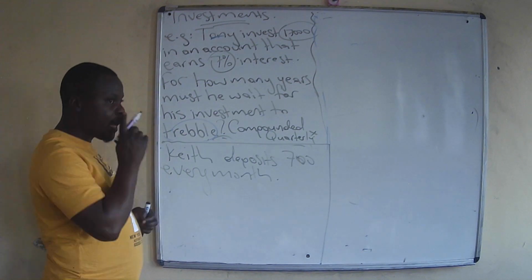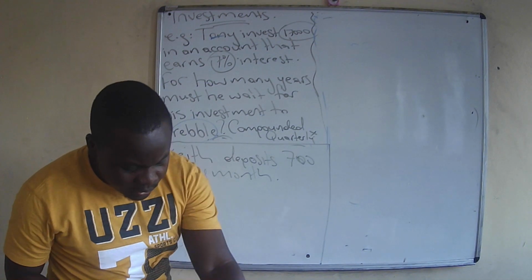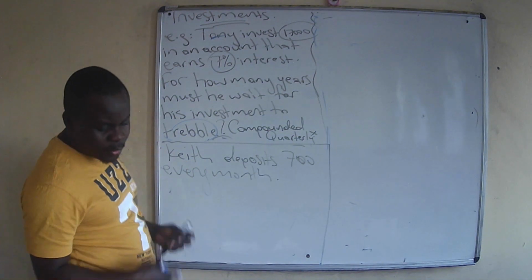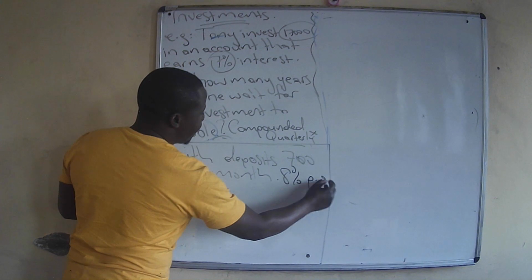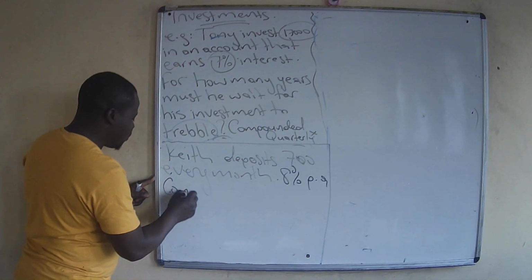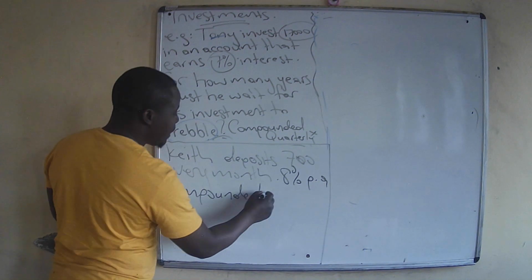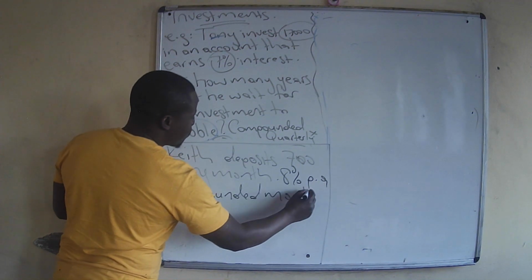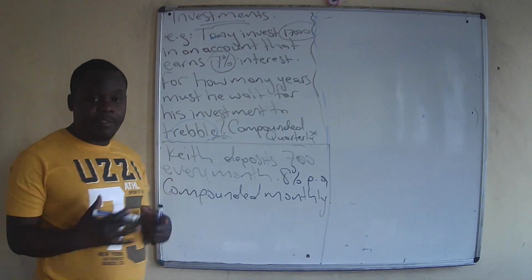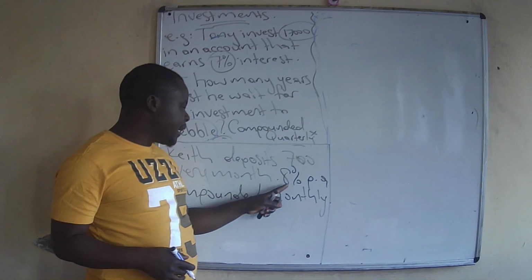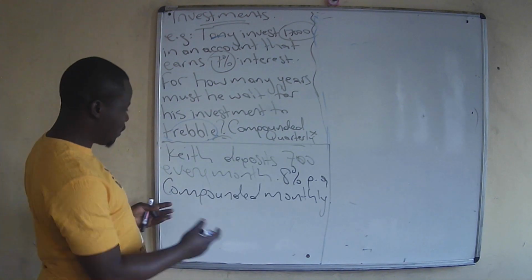In this account that Keith deposits his money into every month, the account is going to give him 8% per annum, but it is going to be compounded monthly. So he deposits into an account every month, earning 8% per annum, compounded monthly. This is what is happening.